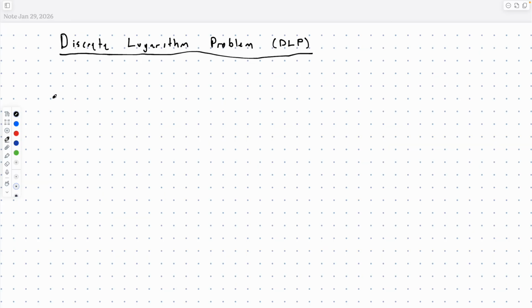Before we drill down on what the discrete logarithm problem is, I just want to talk about general algorithms. I'm going to denote it as GQ. What do I mean by GQ?